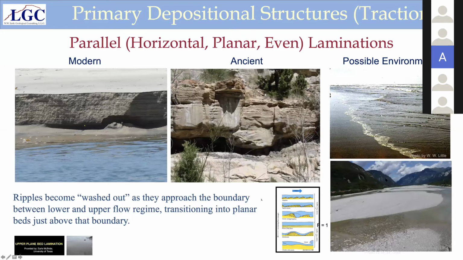We can also see these in rivers, particularly in braided streams where there's a high energy condition during flooding conditions, a flooding situation. And so here is a flume example. You notice that the sediment is moving by traction.